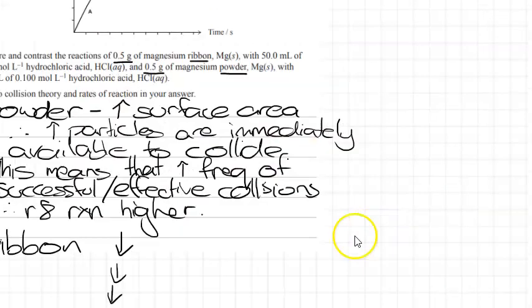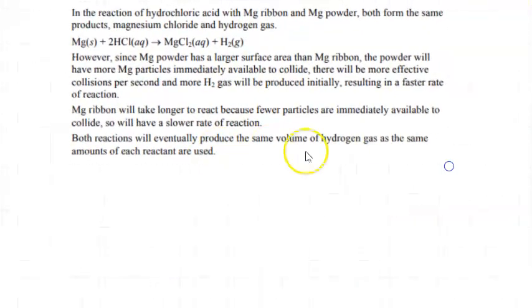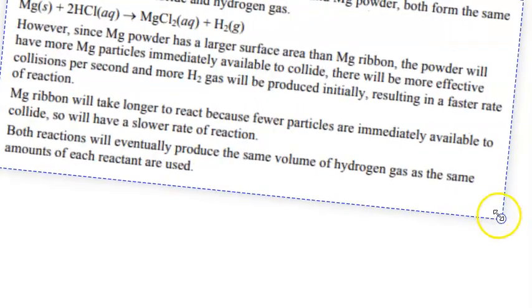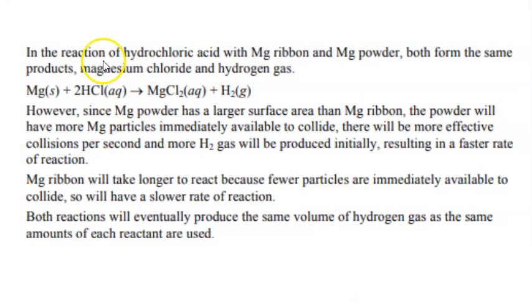So let's have a look at how we would structure that into an answer. So, man, my voice letting me down. In the reaction of hydrochloric acid with magnesium ribbon and magnesium powder, both form the same products. However, since magnesium powder has a larger surface area, the powder will have more magnesium particles immediately available to collide.